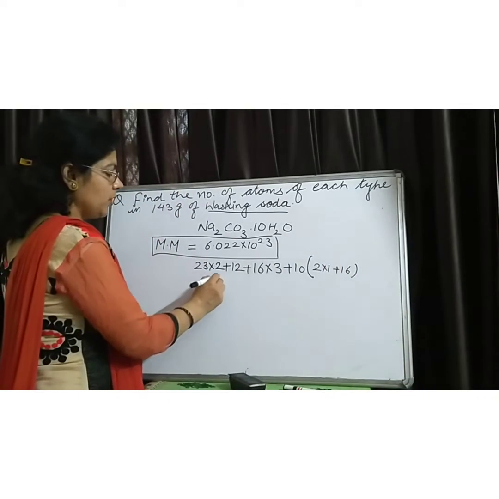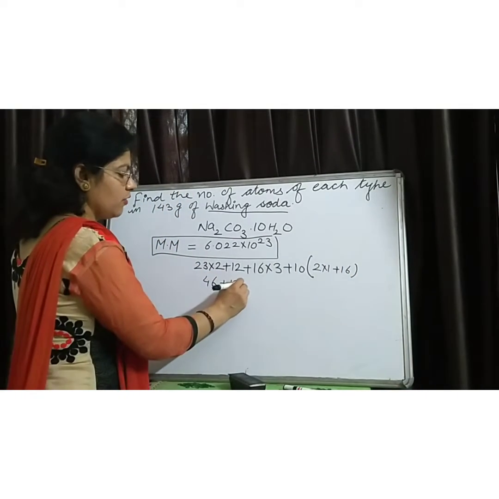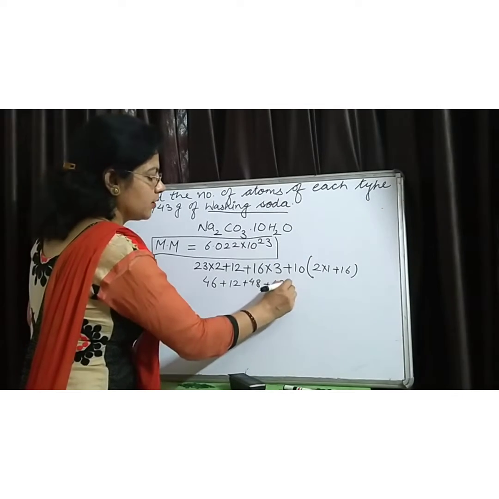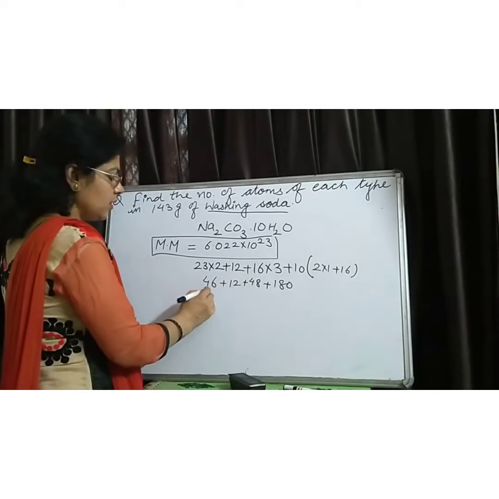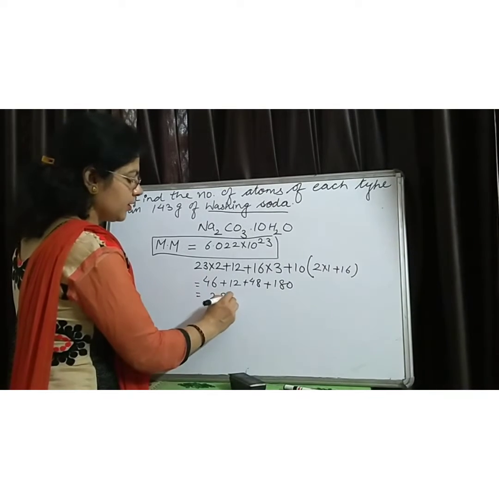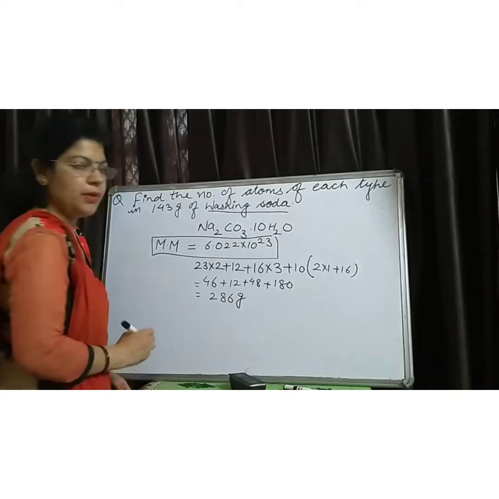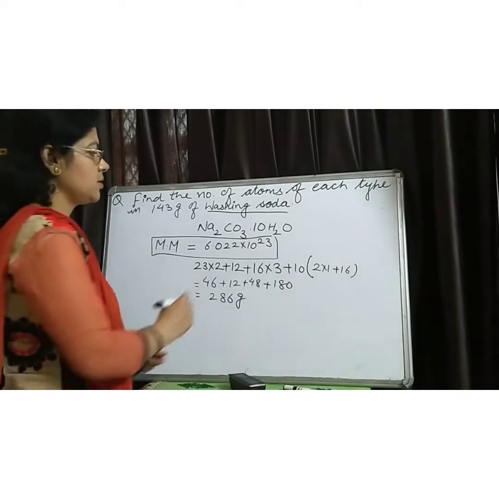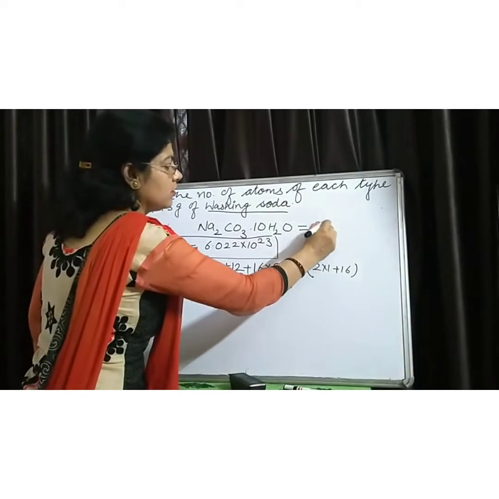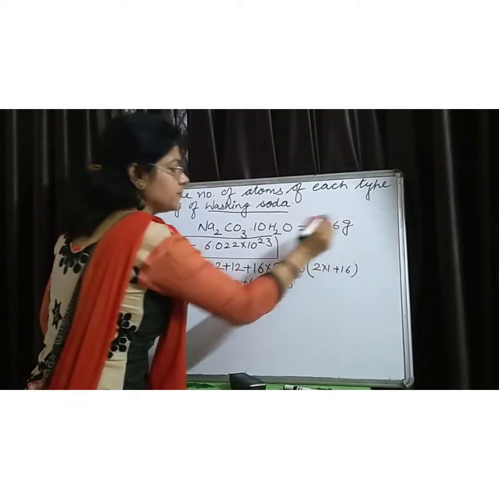It comes out to be 46 plus 12 plus 48 plus 180. When you add these terms you get 286 gram. Means 286 is the molecular mass or molar mass of the washing soda.